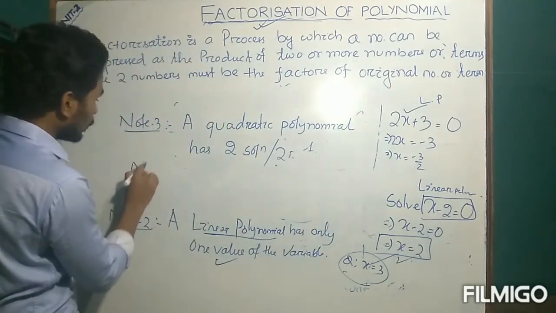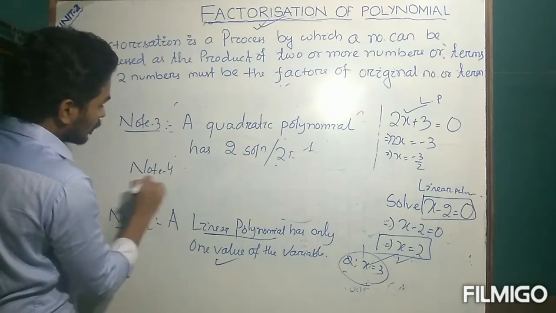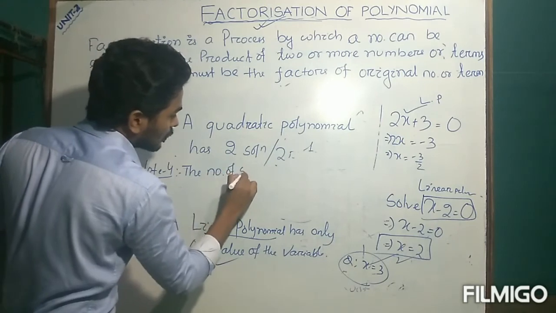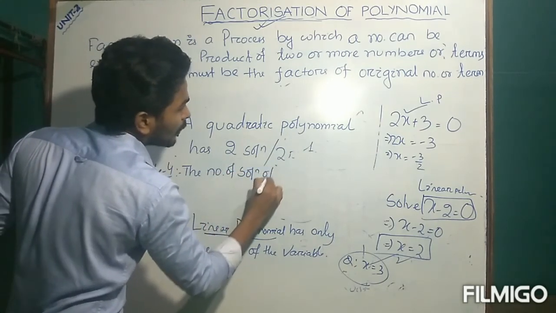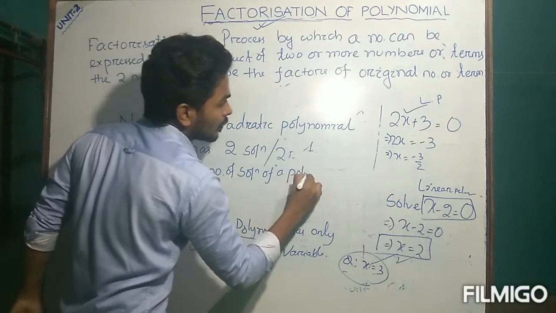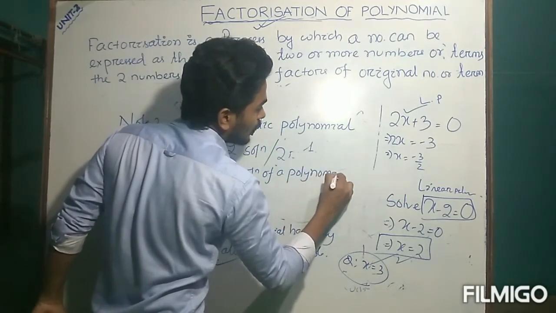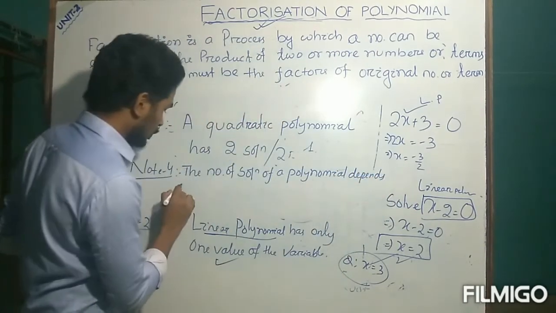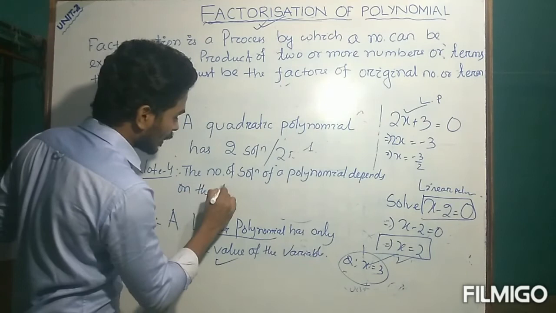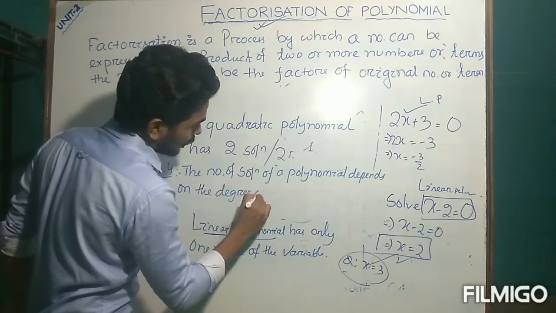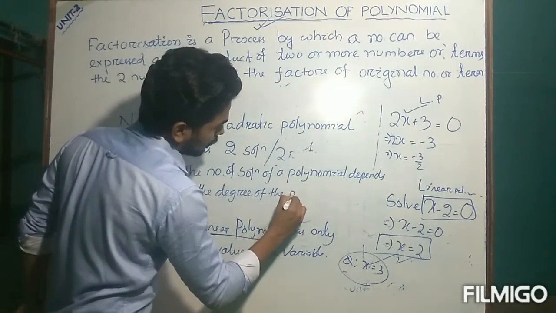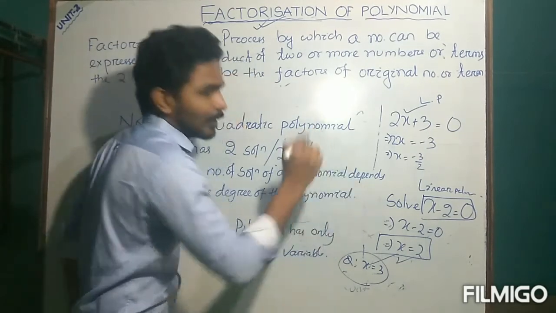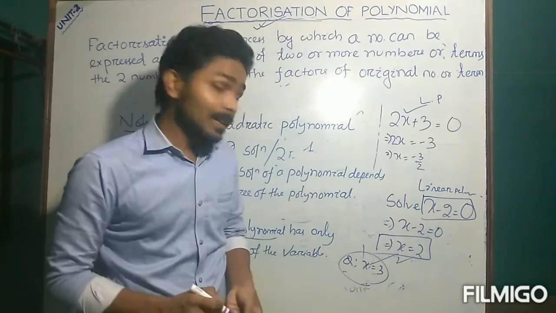You can write note 4: the number of solutions of a polynomial depends on the degree of the polynomial. Okay, it is clear now.